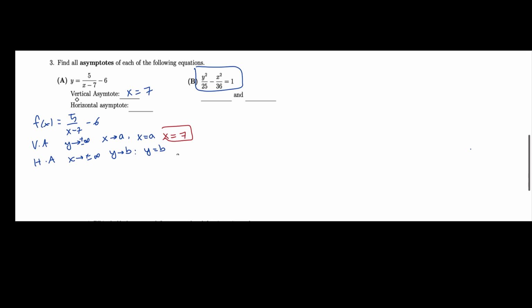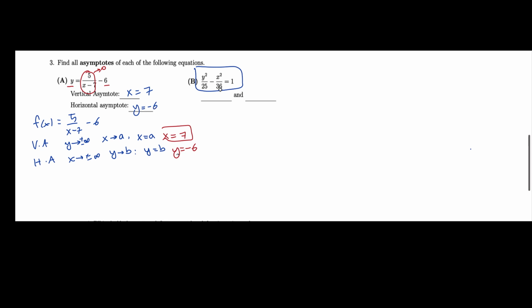So 5 divided by a really, really large number, plus or minus, is going to be 0. So this part approaches 0. Therefore, what's left is negative 6. And so y equal to negative 6 is the horizontal asymptote. And I'm putting it here.